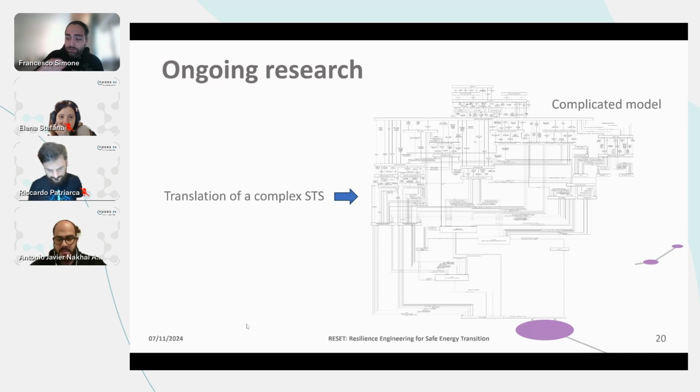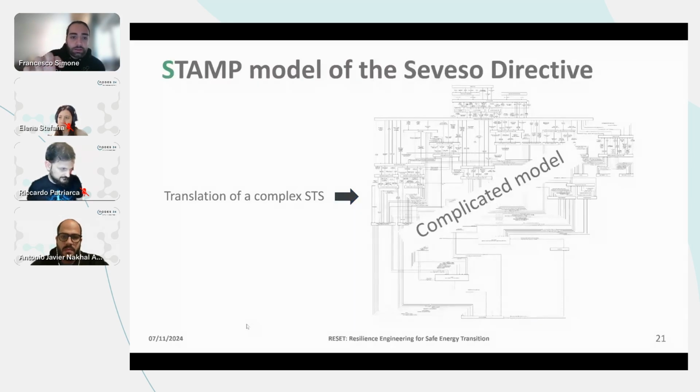But in the real world, when we start modeling the real socio-technical system related to the management of a safety-critical industrial plant, as Riccardo was talking about, we end up with a very complicated model. That is the one that is shown in the slide here.